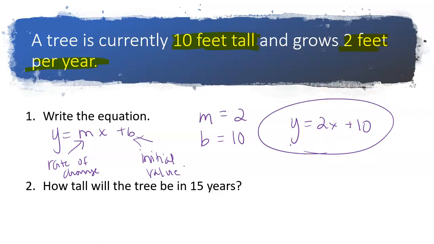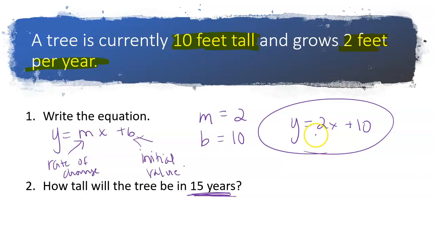Now we can answer question 2. How tall will the tree be in 15 years? So I'm going to plug in 15. The question is, where do I plug it in? What's representing years in this problem?